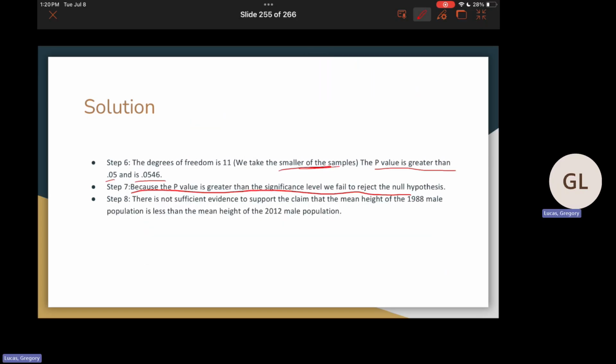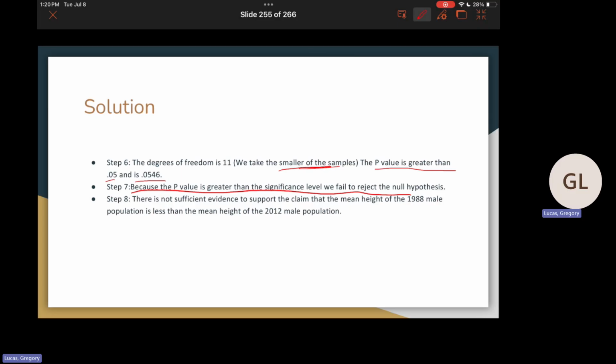But it's a little easier here to see with the p-value. This p-value is greater than 0.05. So with technology, p-value is much easier, so we can just compare it to the significance level. And because the p-value is greater, we fail to reject the null.